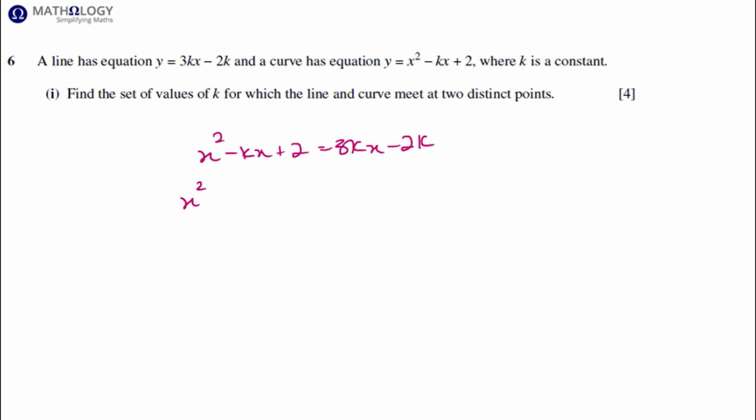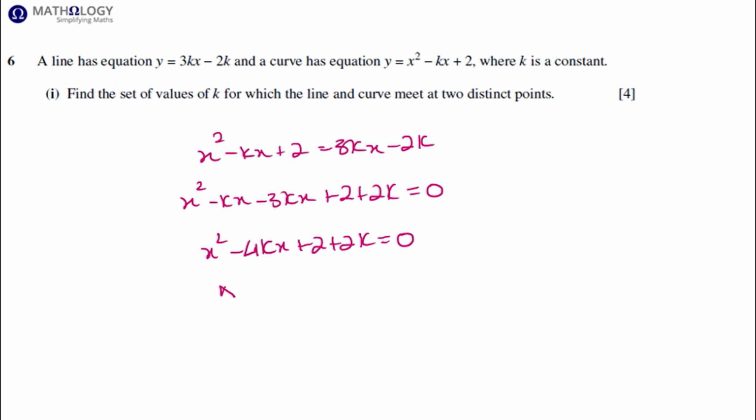So x squared minus kx minus 3kx plus 2 plus 2k equals 0. x squared minus 4kx plus 2 plus 2k equals 0.